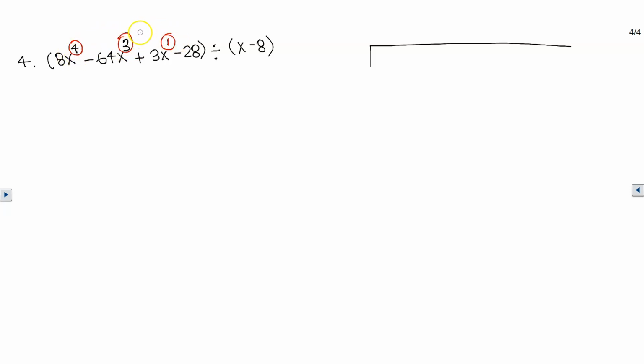We have skipped right in here x to the second. So we're going to have to add a placeholder for that. So it's 4, 3, 2, 1, and then we have our minus 28, which doesn't have the variable x. So we need a placeholder for x squared because this polynomial skipped x to the second power.